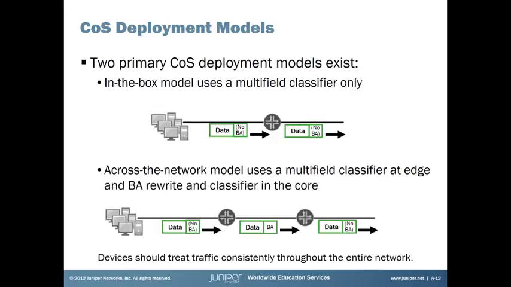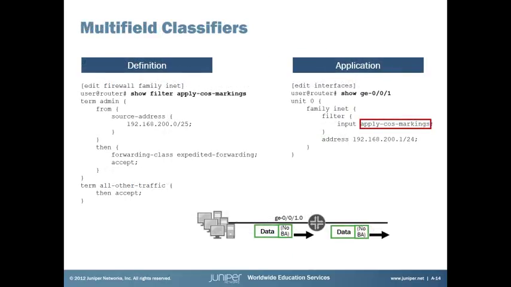And then we have an across-the-network model, which uses a multi-field classifier at the edge and a BA rewrite and classifier in the core, which is behavioral aggregate rewrite in the core. The main thing is that devices will treat the traffic consistently right across the whole network. So there's different ways of approaching this, different ways of configuring our routers.